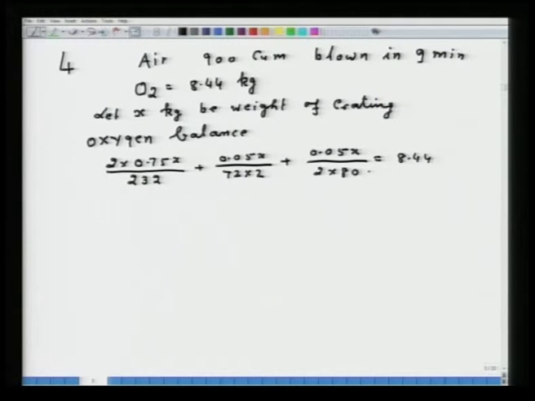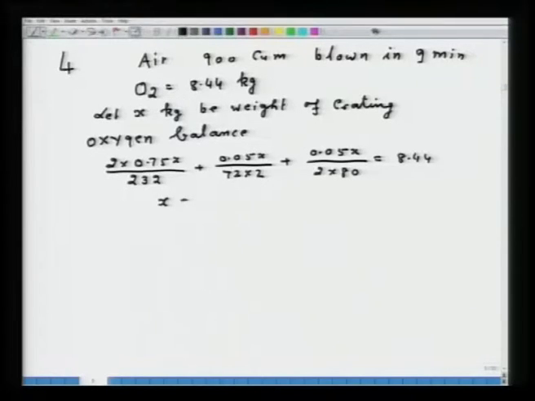Now, the clue to this problem is that the coating is formed because of the availability of oxygen. So, you have to do the oxygen balance to get the weight of magnetite coating, and if you do, then x is equal to 1184 kg, the weight of magnetite coating.